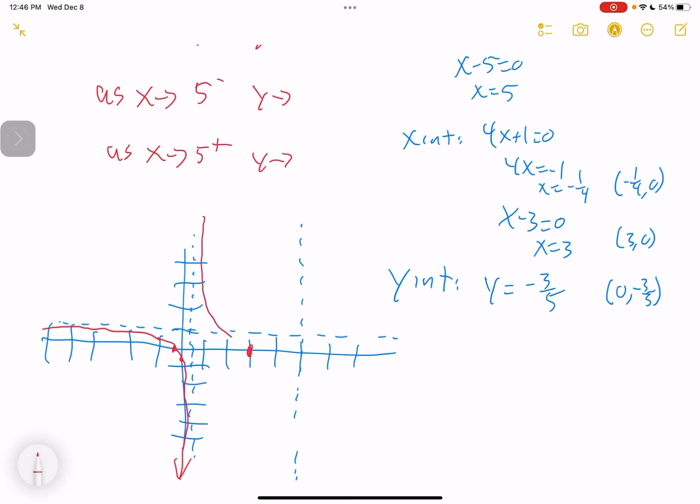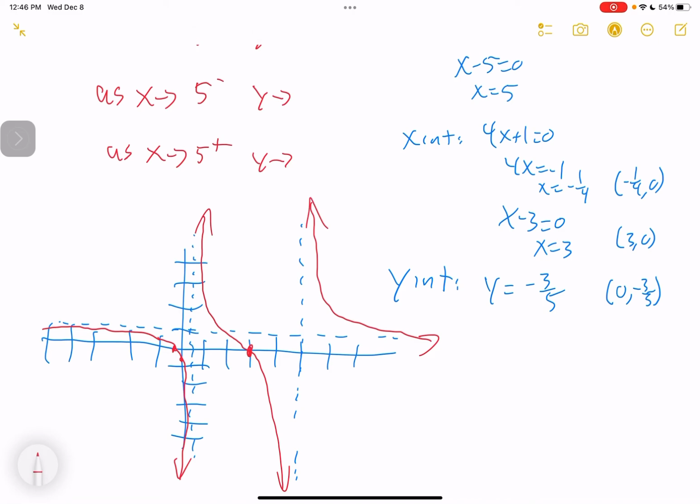And it's going to come down, cross at the x-intercept and go down again. And then this other one, this x minus 5, was not squared or fourth power or anything, so it must have come from above, and it's going to be approaching the asymptote.